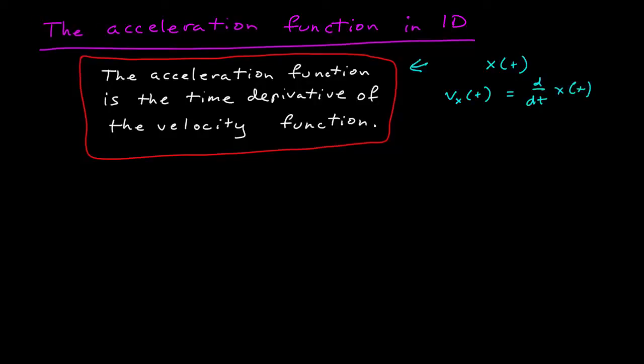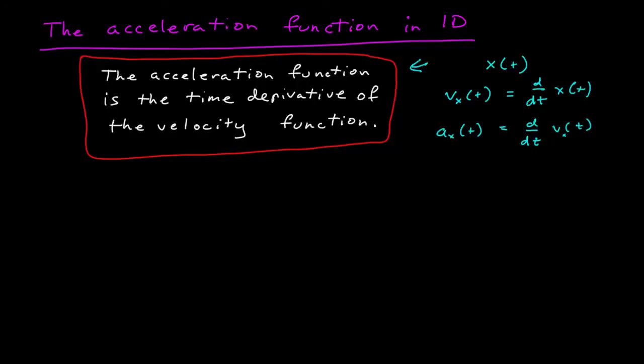And so now the acceleration function, which is also confined to be along the x-axis, will be the time derivative of the velocity function, or the second time derivative of the position function. And so if we know the position function, then we can calculate both just by calculating the derivatives.